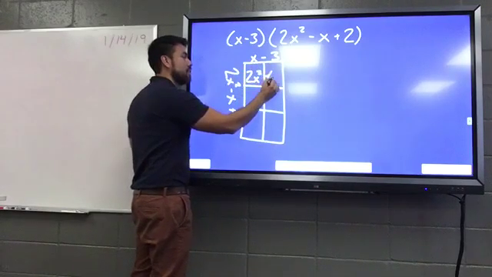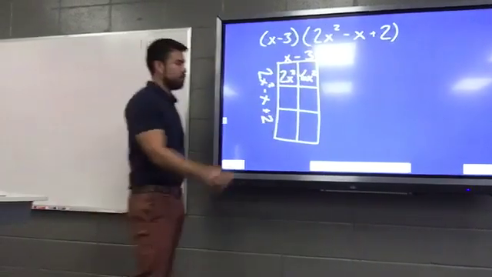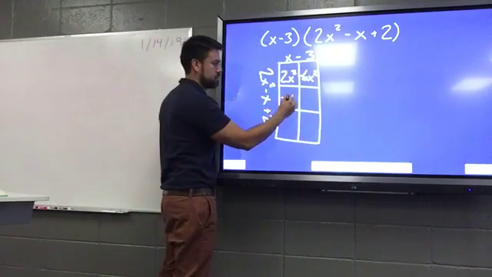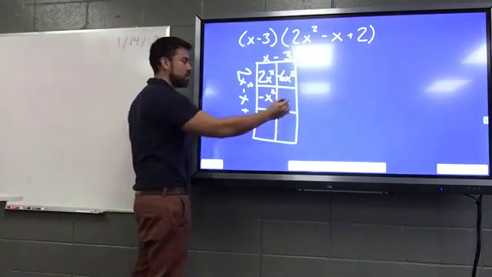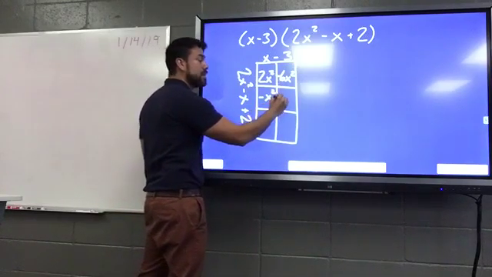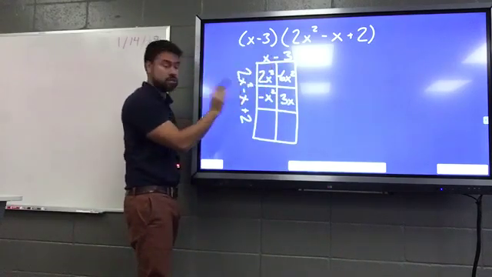Negative 6x to the second. Yep, negative 6x squared. Rachel, what goes in this box? Negative x squared. Matt, what goes in this box? In this case, it'd be positive 3x because you have a negative times a negative. Just be careful with that.